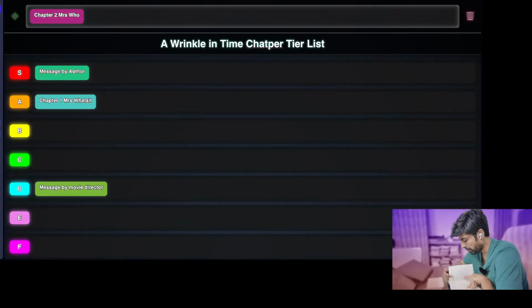But then I marked a few things that I liked in this chapter, and the one quote that I have marked, which was said by Meg's mom, is that you don't have to understand things for them to be. So I think the author quite secretly did establish the fact that you don't have to understand things for them to be.